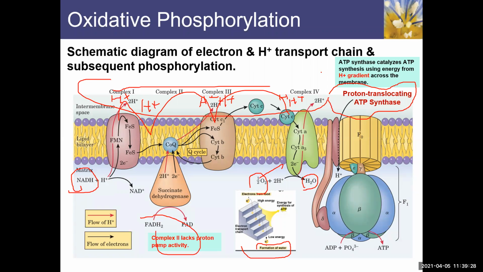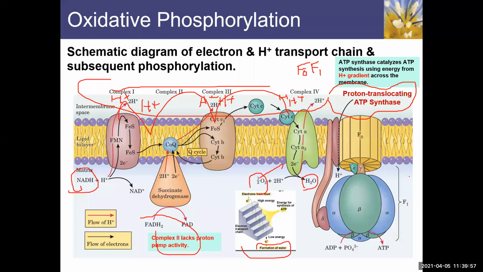We also call it an F0 F1 enzyme, and I'll tell you why it's called an F0 F1 enzyme. Or simply we sometimes call it the proton translocating enzyme. This is the enzyme we'll talk about now, because you will see that it is this enzyme which will help in the formation of the ATP.